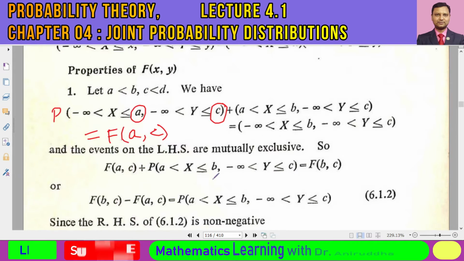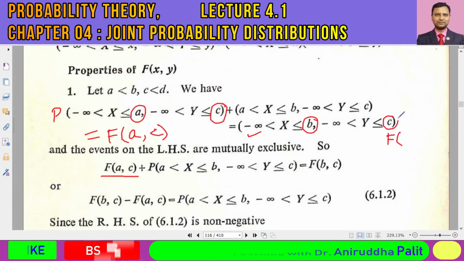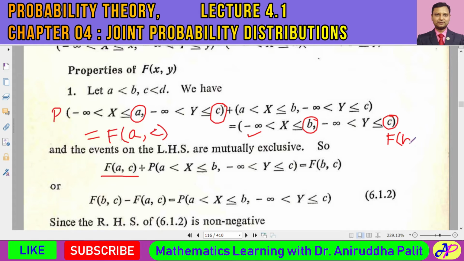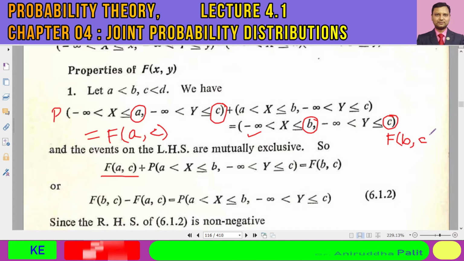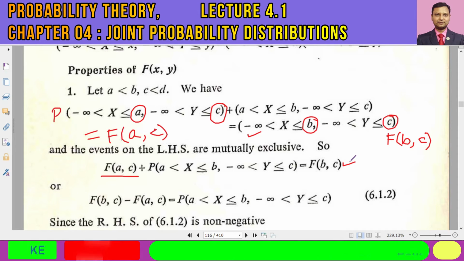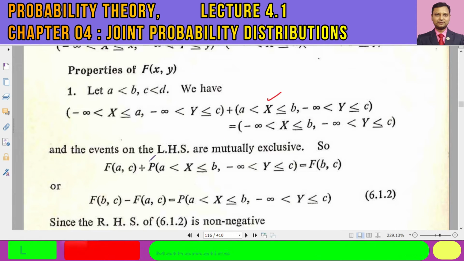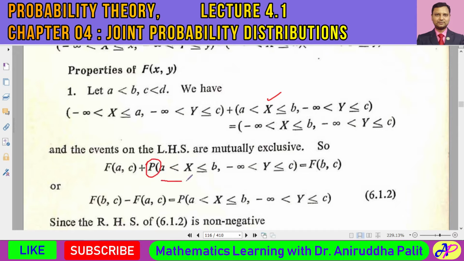That's why in the next line you see it has been written as equal to f of A, comma C. Similarly, if you consider the probability of this second event, it would be equal to the value of the probability distribution function at the point B comma C. That's why we have written this f of B comma C. All right, and the middle probability remains the same.